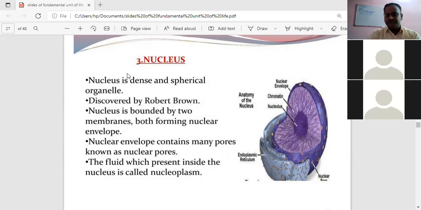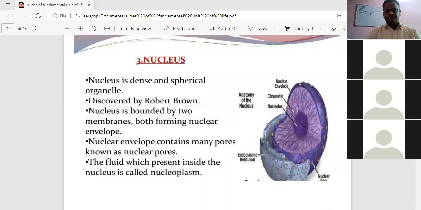Now, Saloni, you can unmute yourself. Saloni, you answer: what are the functions of the nucleus? The nucleus has a double layer covering called a nuclear membrane.